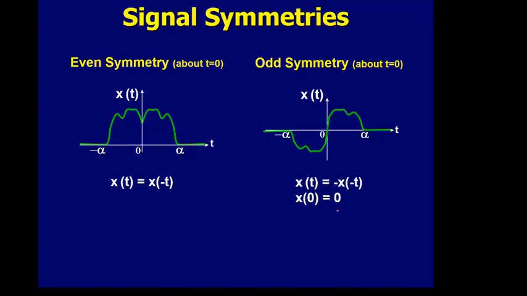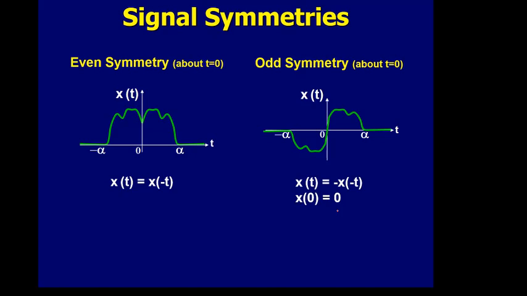For this to be true for all values of t, they have to converge at t equals 0, so x of 0 must have a value of 0 for an odd symmetric signal. Again, these symmetries are always with regard to the t equals 0 axis. If we shift these waveforms over, they'll no longer be officially even or odd symmetric around the 0 point.